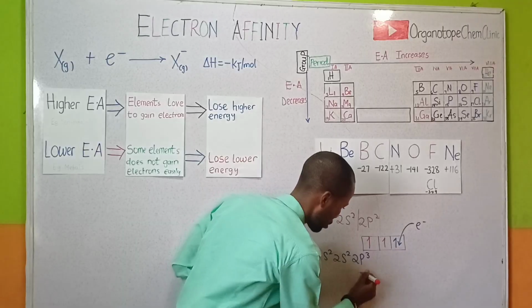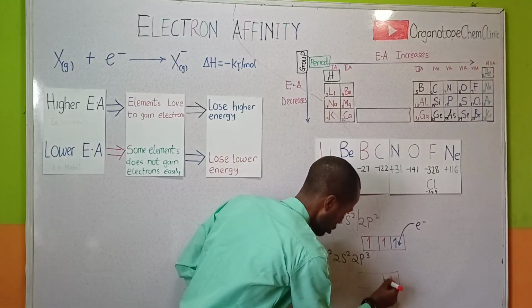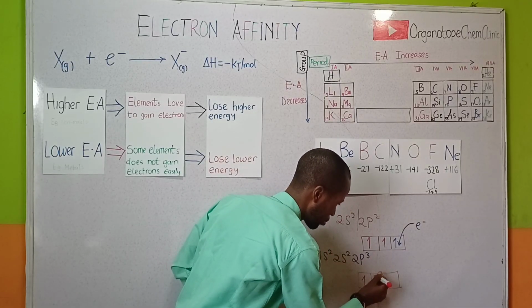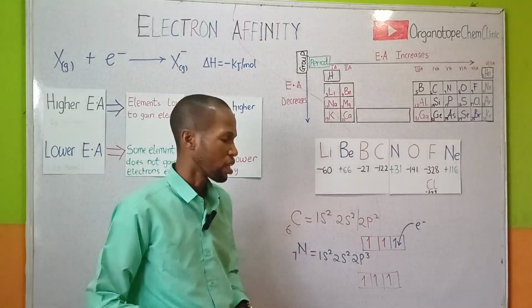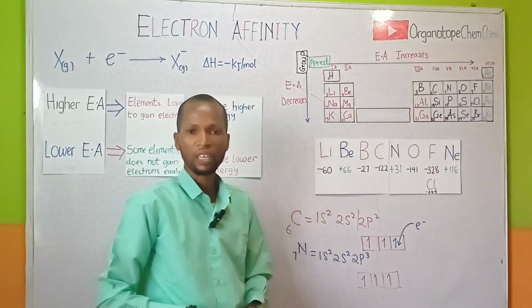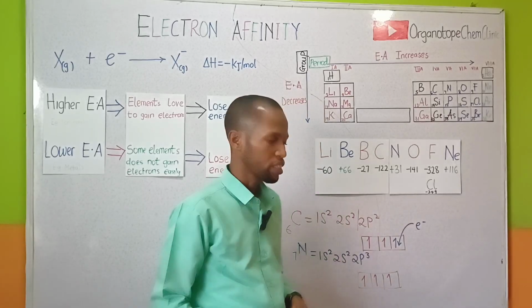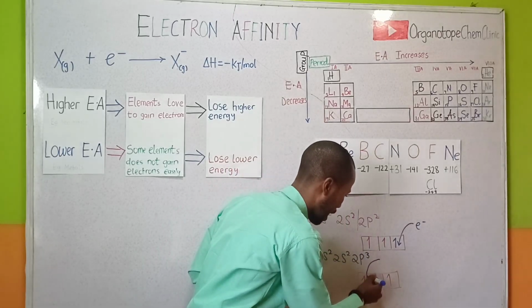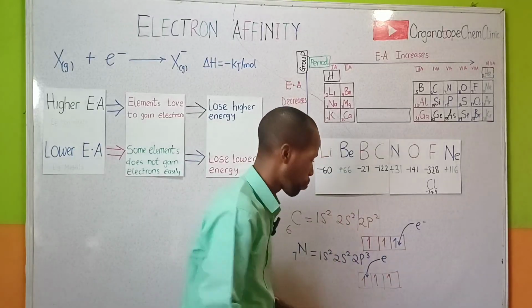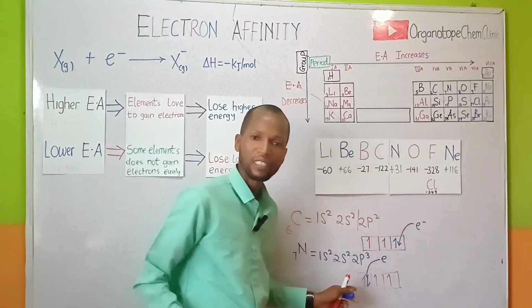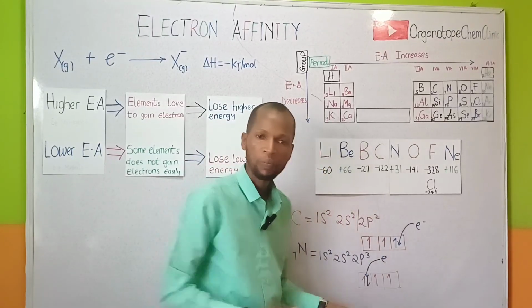We have 1, 2, 3. So we have 3 electrons in the p subshell of the nitrogen. So in the case of nitrogen, when electron is added to the subshell, it results into pairing of the pre-existing electrons. So we have spin up, spin down.